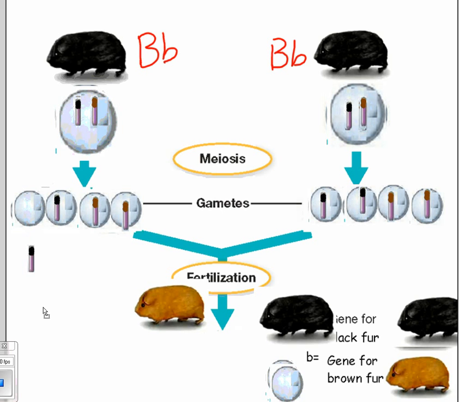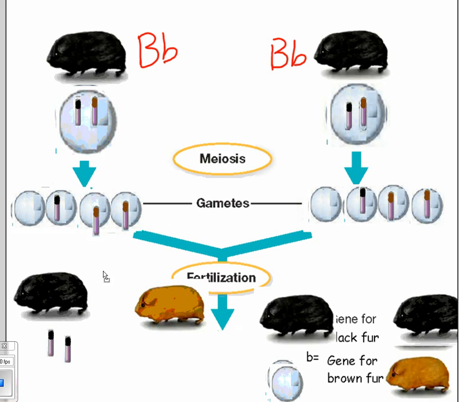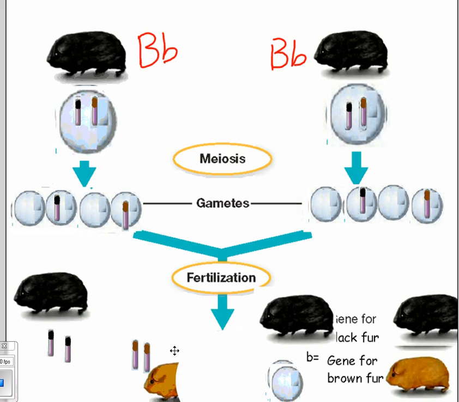All right, so random, this one, random, this one. Black. Random this one, random this one. All right, no more brown ones, sorry. That one died. All right, so does that make sense so far? All right, so what would we say the genotype of this one would be?